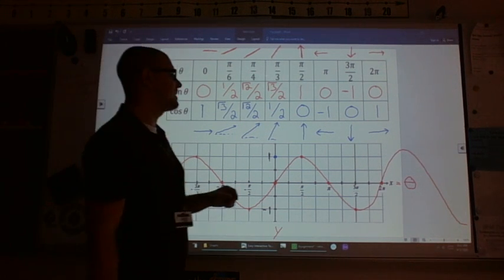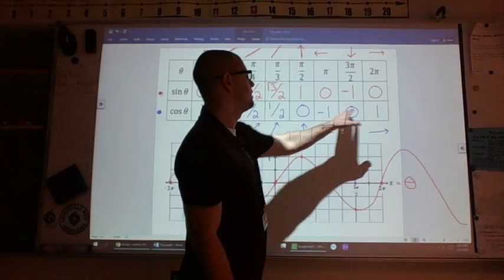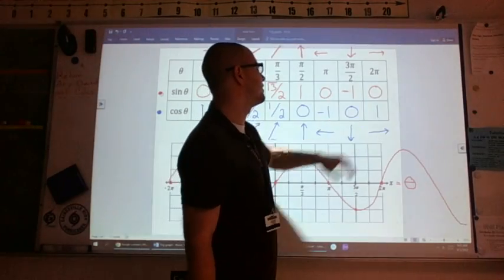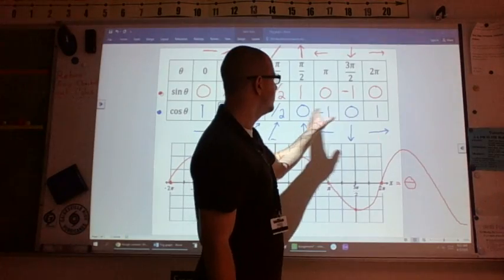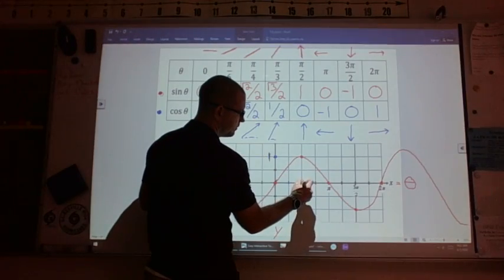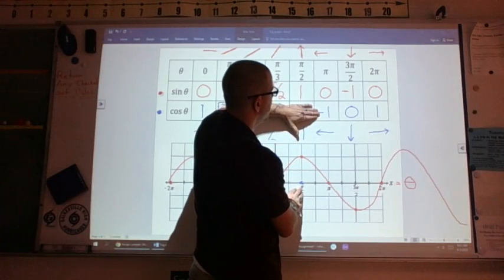And if we look at this tail end of the table, we see really the same exact values as for sine, the 0, the -1, the 0, and the 1, just kind of in different places. So pi over 2, 0, just like an x and y coordinate, x, y.